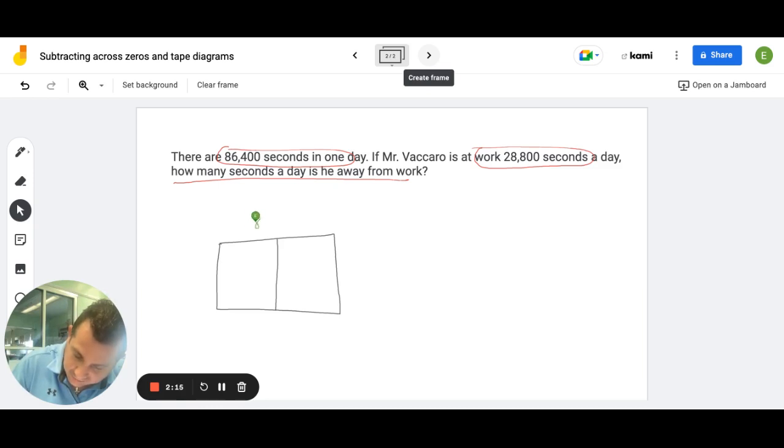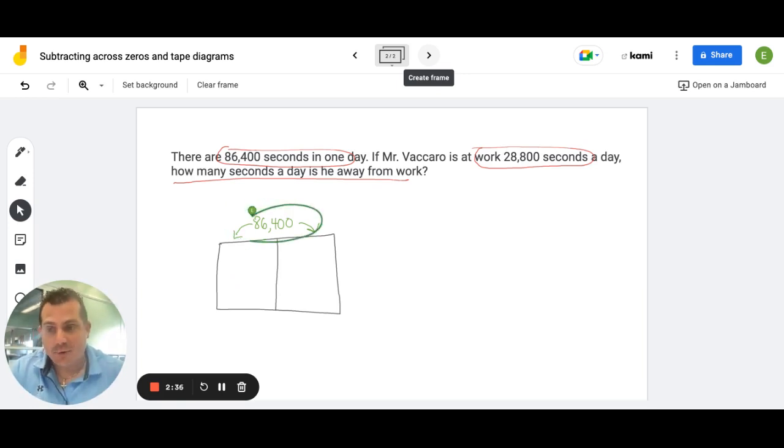So I know there are two parts, and all together in my one day is the 86,400 seconds. That goes on the top of my tape diagram, which is comprised of both of these parts. I have one part in here, another part in here, and my total is going up there. So what do I know so far?